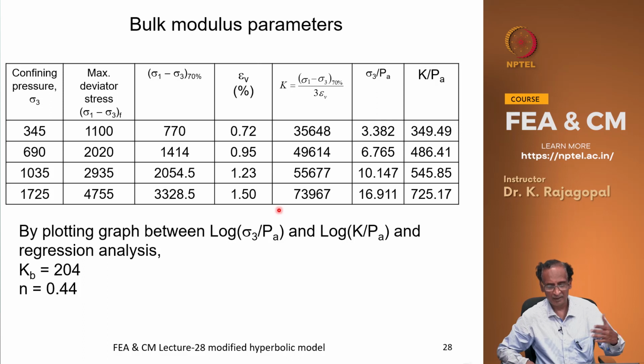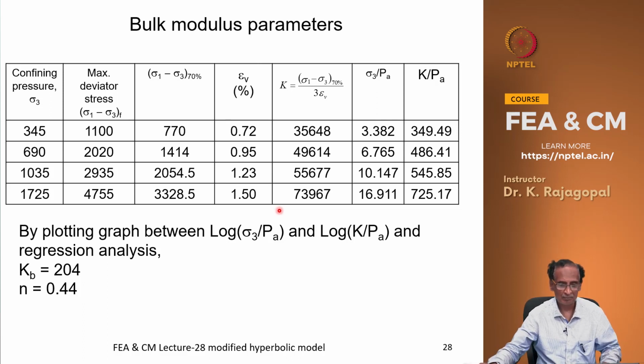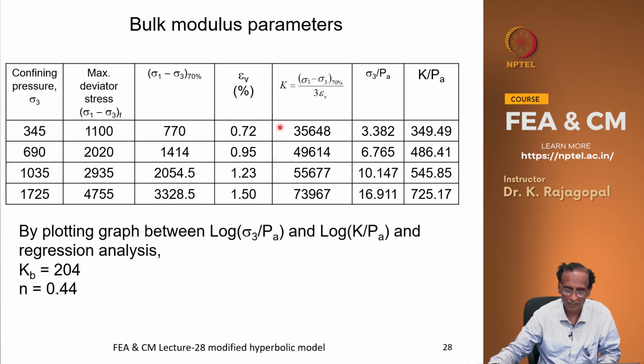And we can do similar calculations for the bulk modulus at different confining pressures, and at 70% of the maximum deviator stress, the volumetric strains from different tests are like this. Our bulk modulus is the mean normal stress, that is sigma 1 minus sigma 3 at 70% divided by 3, divided by epsilon v.